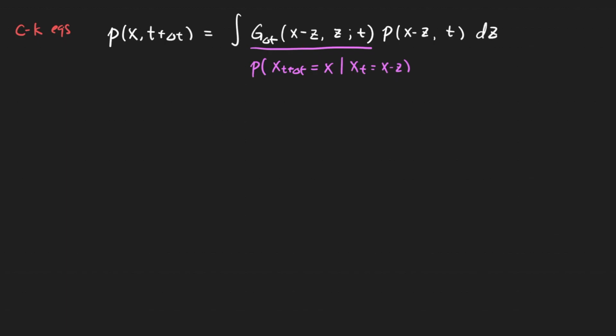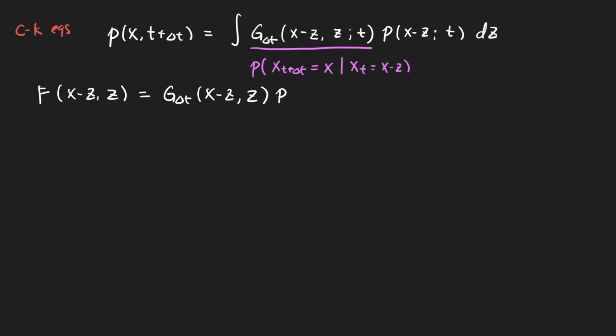Okay, so the idea is that we can just define the product of the two functions. Let's call that capital F. It has two arguments, so that equals to, and here for simplicity, I'm not going to write the time t, because that can be considered as a fixed parameter for this function.